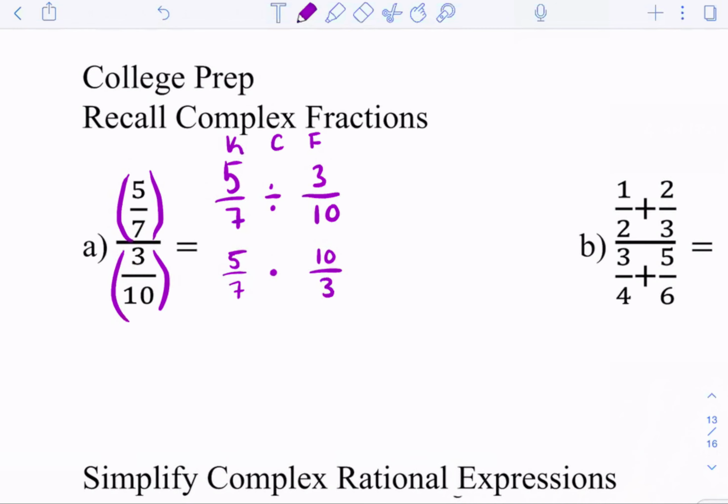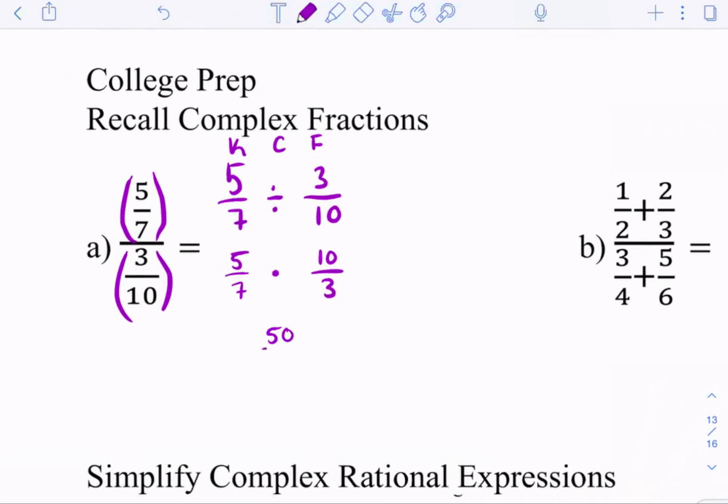And then if there's nothing to reduce, you can multiply. 5 times 10 is 50, and 7 times 3 is 21. And then you can always check if this can be reduced in your calculator, but this one cannot. So that is your final answer for this problem. So that's one way in which you can complete this problem.